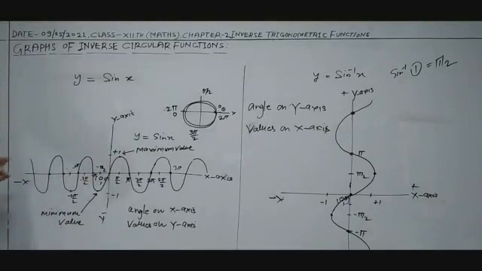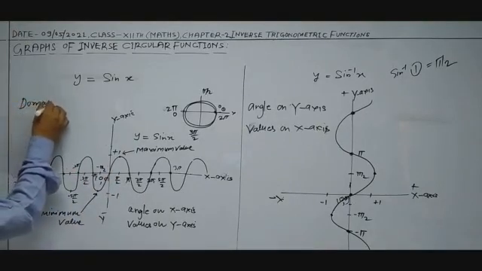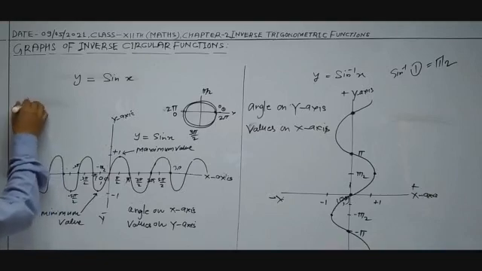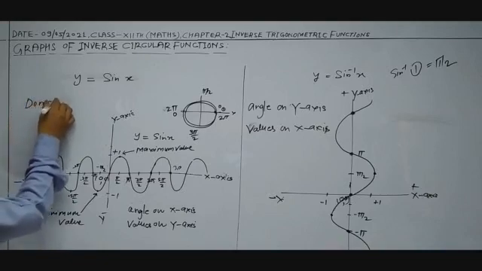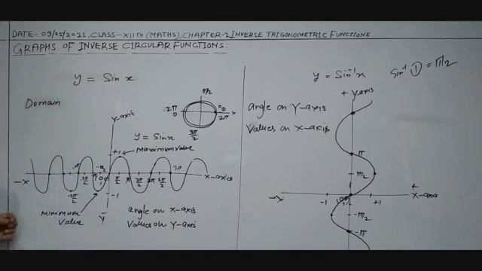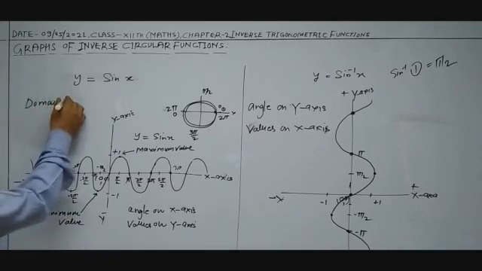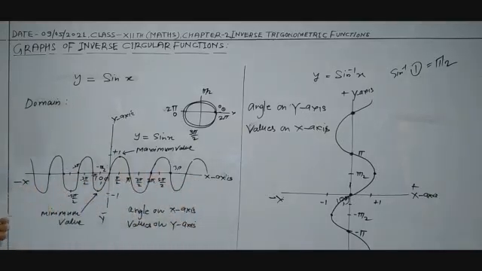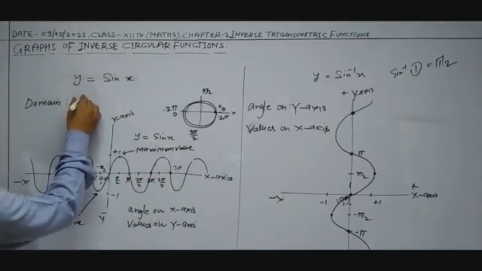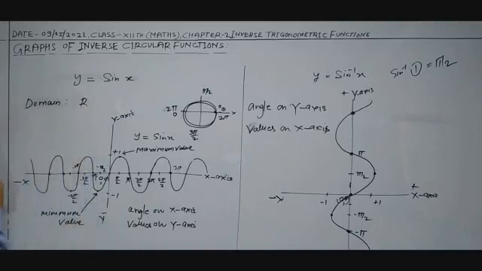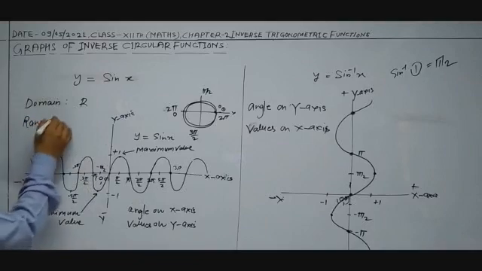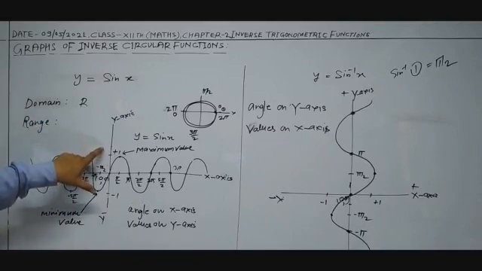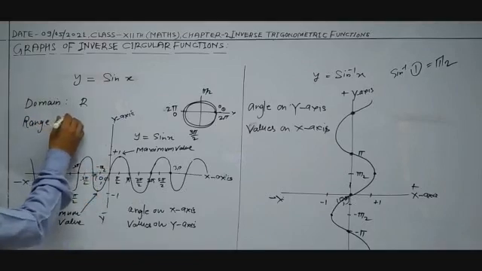Now the domain of sin x. See, the domain will be the set of all real numbers, which means the domain is equal to R, where R means the set of real numbers, and the range is coming between plus 1 and minus 1.